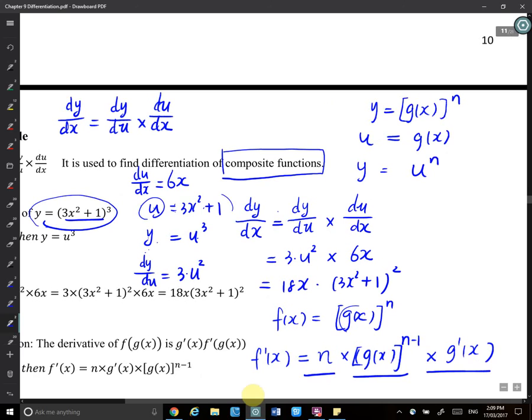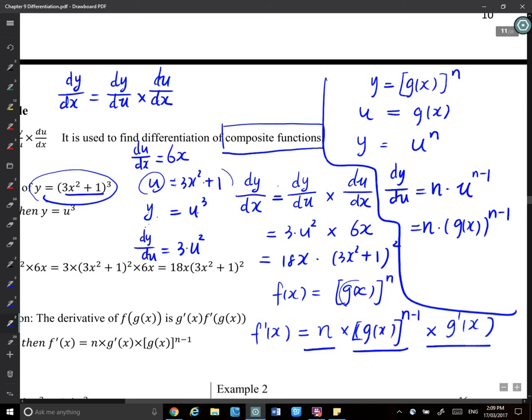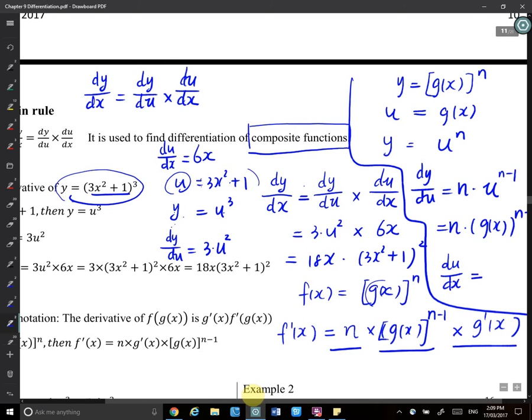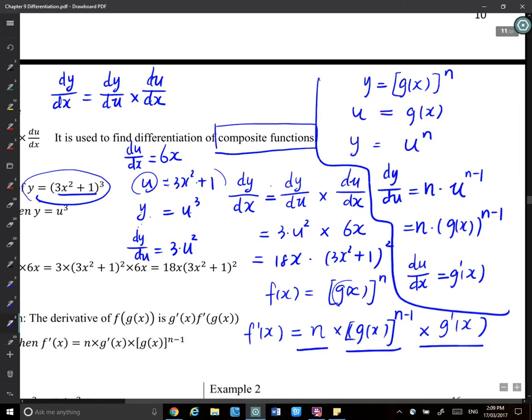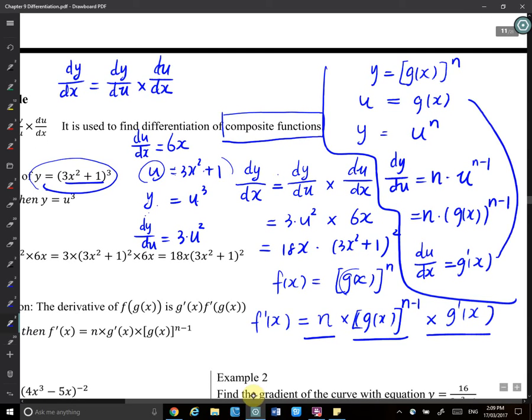So what is dy/du? dy/du will be n times u to the power of n minus 1. What is u? u is g(x), so it's n times g(x) to the power of n minus 1. What is du/dx? du/dx is the derivative of this, so it's g'(x). You derive that and it will be g'(x).